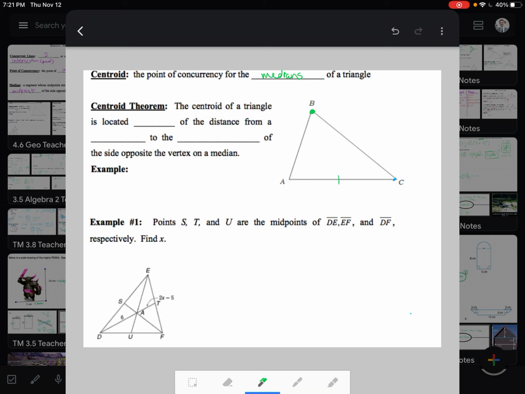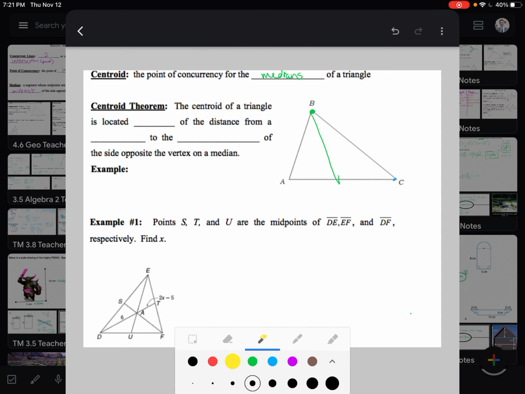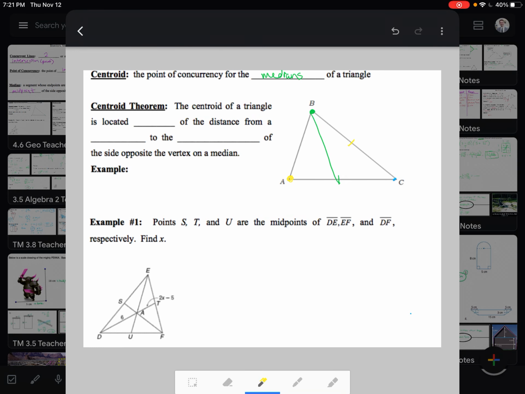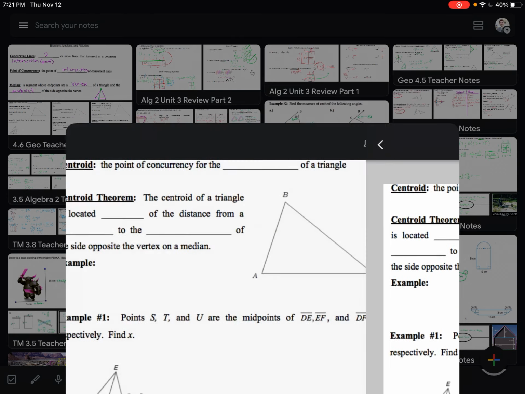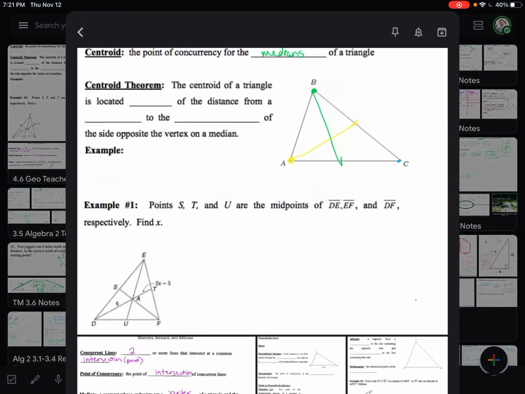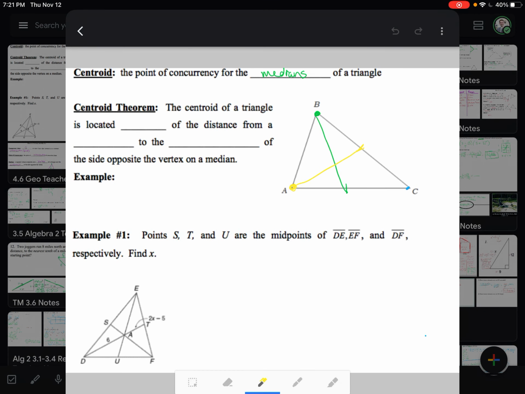Crossing at the midpoint from a vertex, there's our first median. Our second median, again crossing at our midpoint here. And then our third median in blue, again going over to our midpoint. Here is our centroid in blue, and there is a theorem specifically about this.